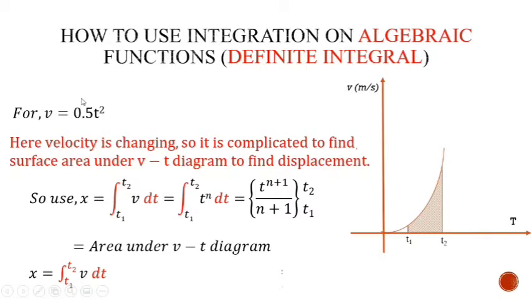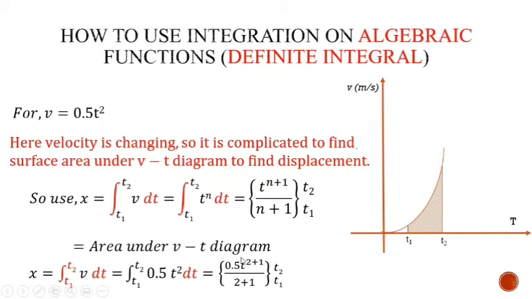Let us use this particular equation in this formula, that is 0.5 t square. To find out the integration, we will increase the power and divide by the power. So here the power is 2, so it is increased by 1, that is 2 plus 1, and now the increased power will be divided into the whole term. So 0.5 will remain as it is.